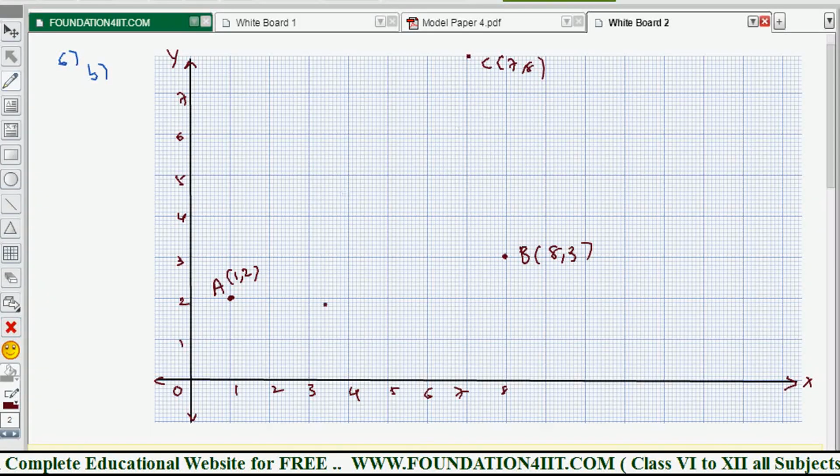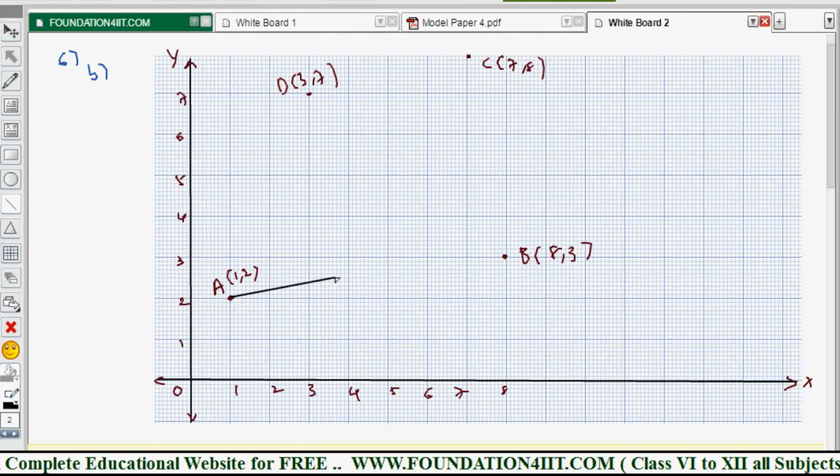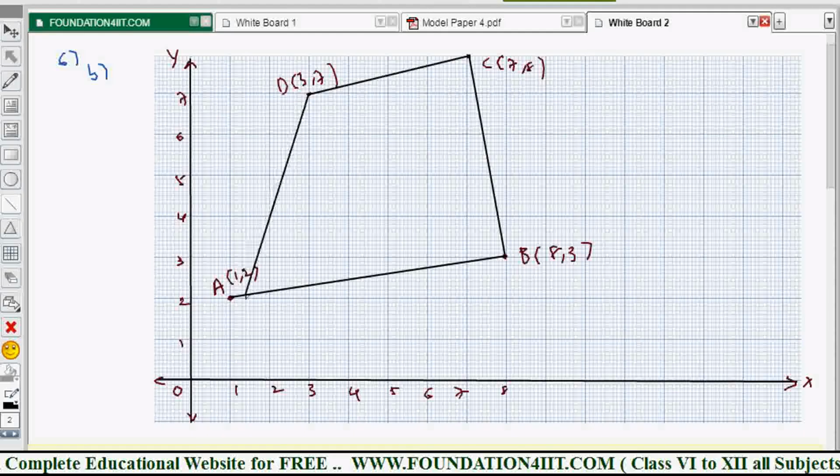And D is (3, 7), and complete the quadrilateral. So you should join this quadrilateral, A to B, B to C, C to D, and D to A. So this is the quadrilateral.